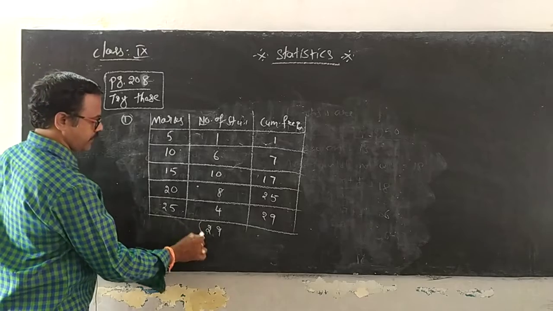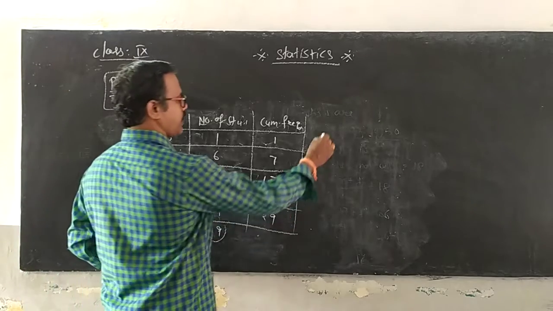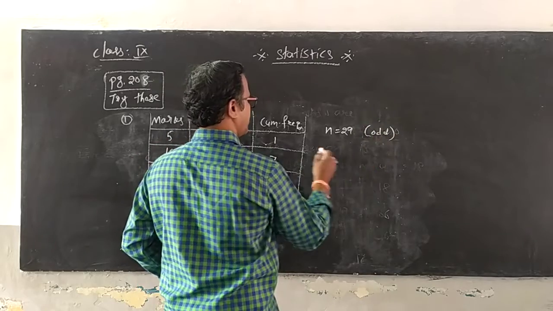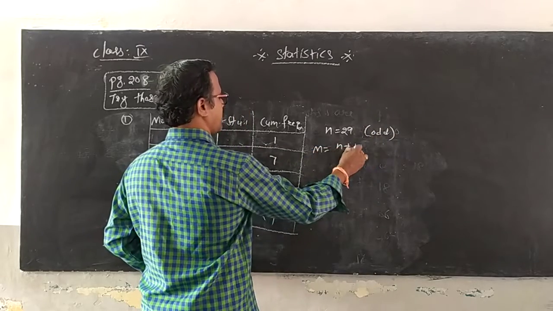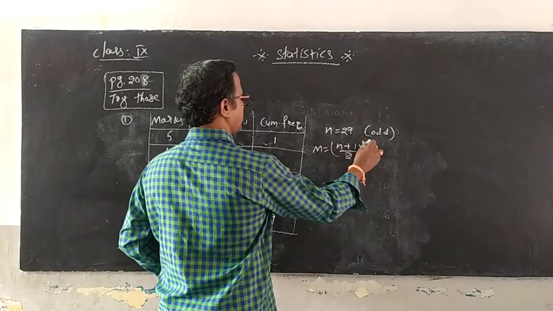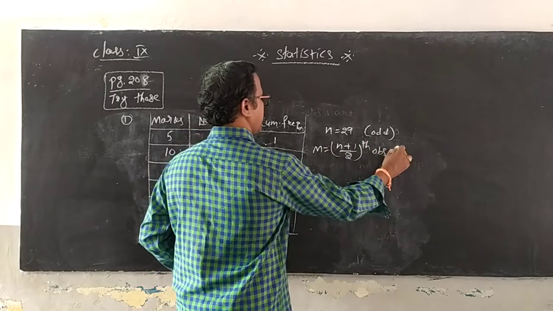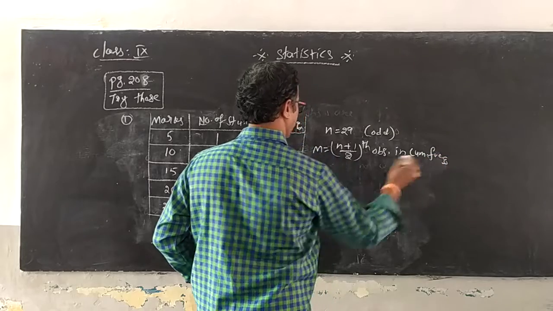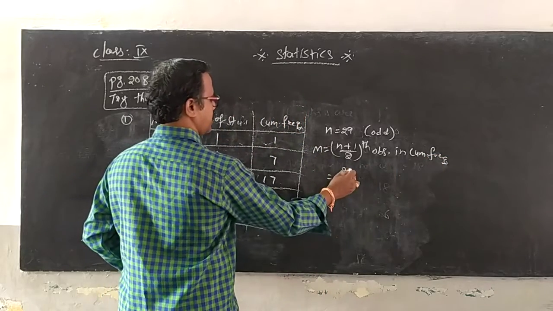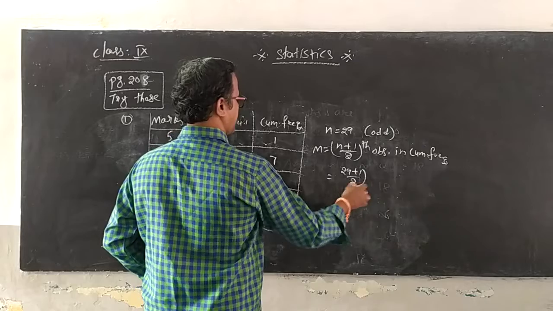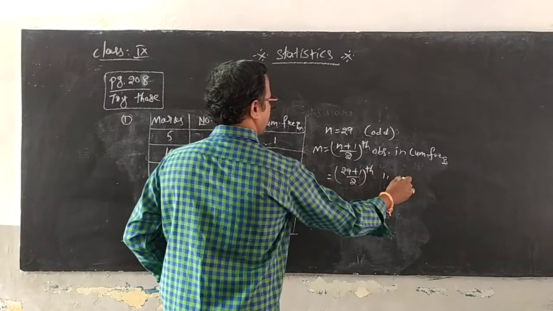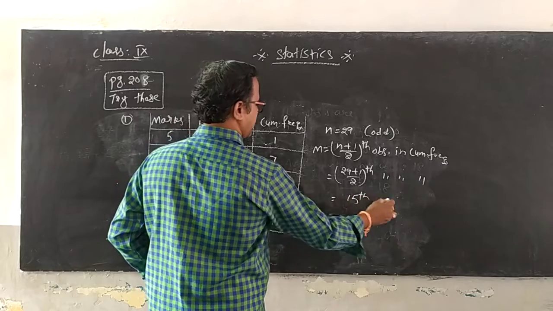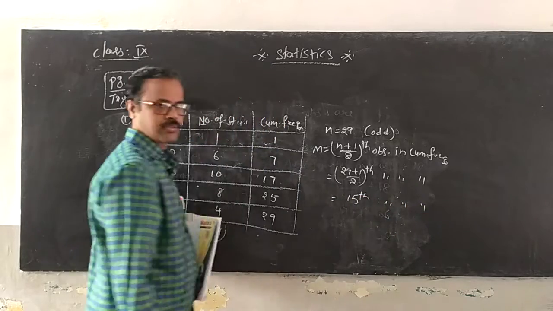Okay, 29. Now you are going to find the value n is equal to 29, which is an odd value. Then median is equal to the n plus 1 by 2th observation in cumulative frequency. 29 plus 1 by 2th observation. You will get 30, and 30 by 2 is the 15th observation in cumulative frequency.